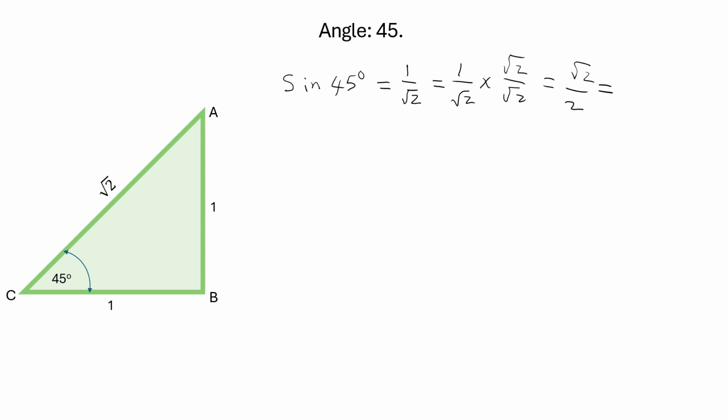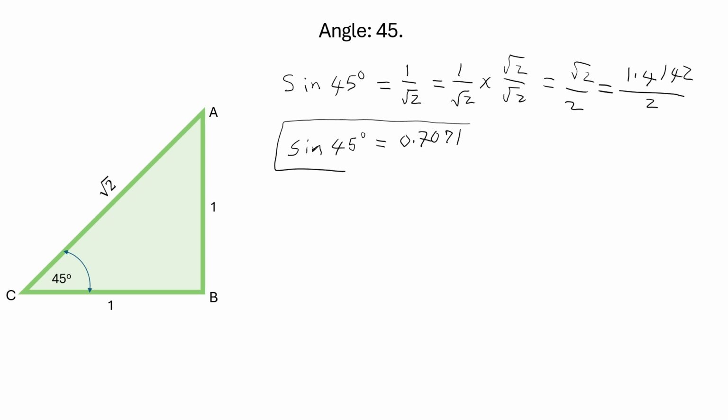And root 2 itself is 1.4142, over 2. So sine 45 degrees will be equal to 0.7071. So sine 45 degrees is 0.7071.